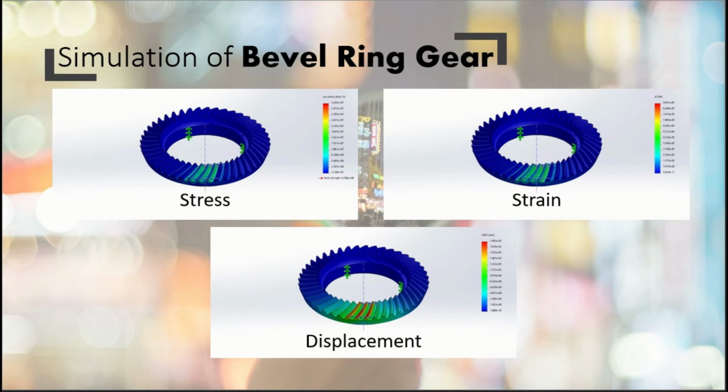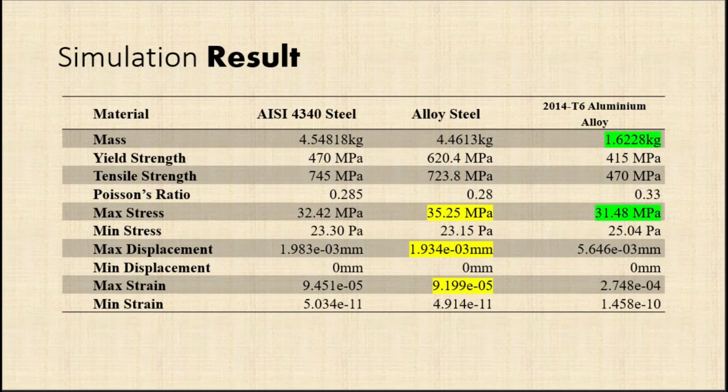Next. Okay. The simulation results of these 3 materials are very similar, but only differ in the parameter values represented. So I only put 3 pictures on this slide, and let's go to the table of results and evaluate. The result of these 3 materials is interesting. The aluminum alloy has the lowest mass and lowest maximum stress.